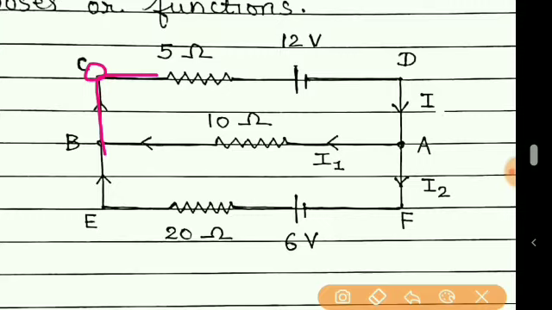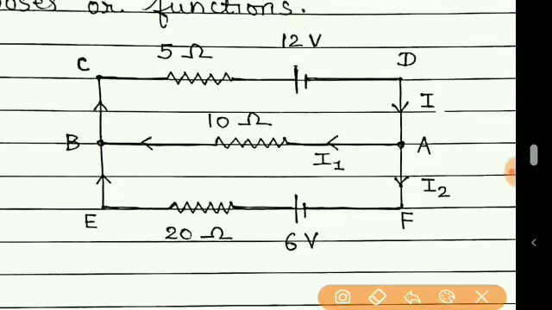Here there is no division of this wire. No division of wire means here the current is not going to divide. Remember, whenever the current divides or current meets at any point, that point can be called as a junction point.